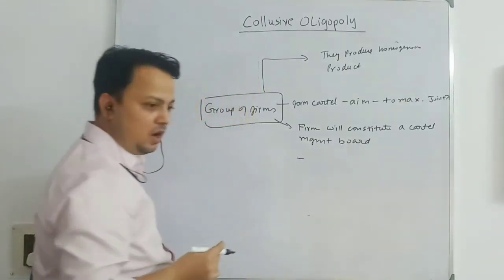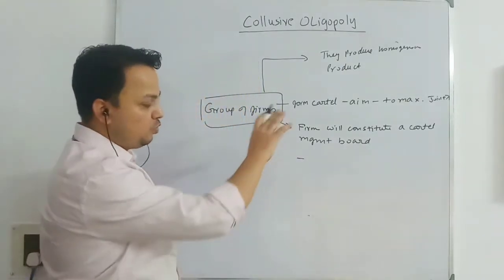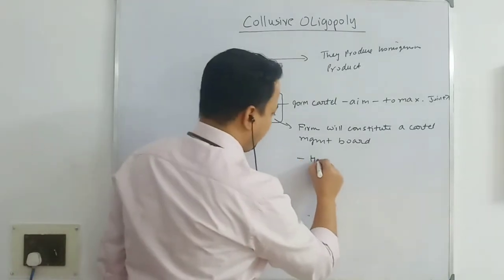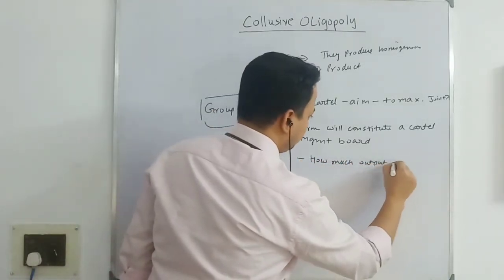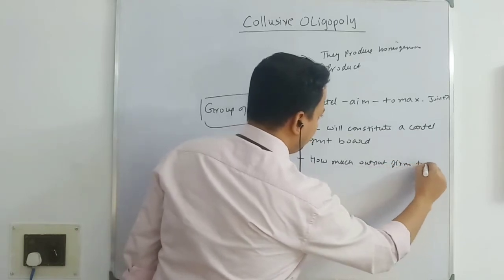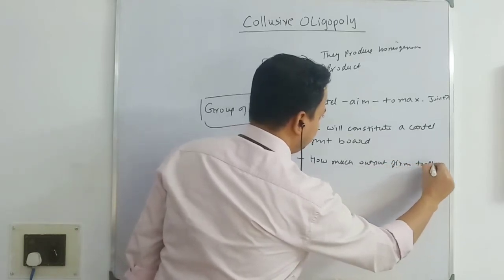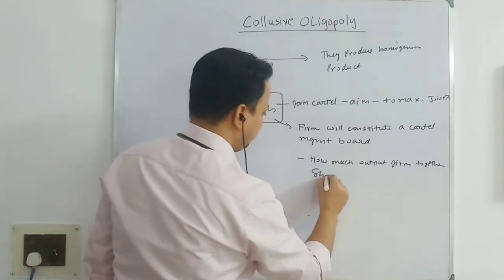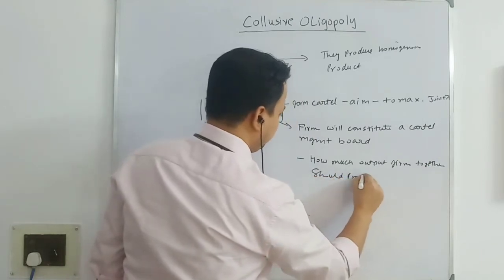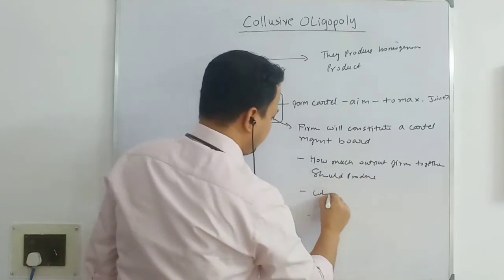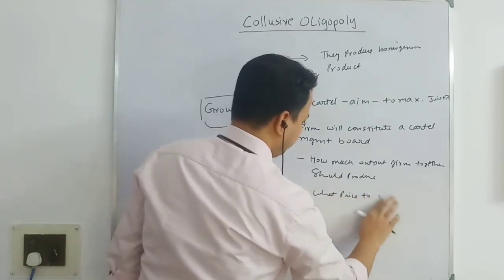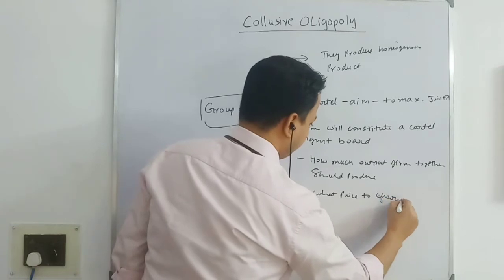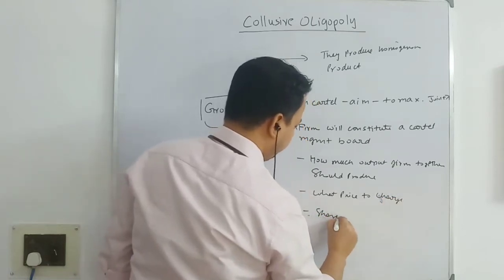It will decide how much output the firms together should produce, what price to charge, and the share of each firm.